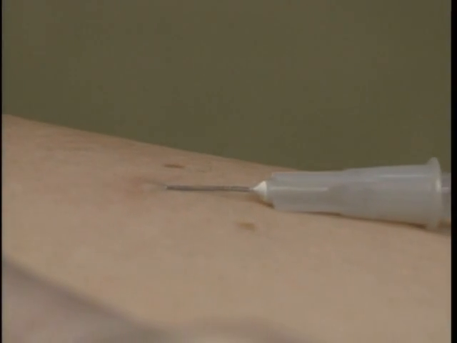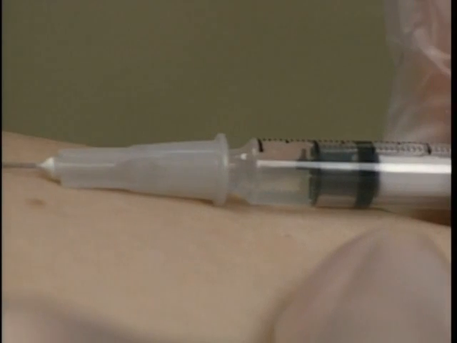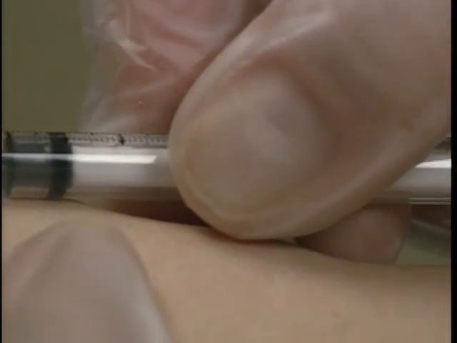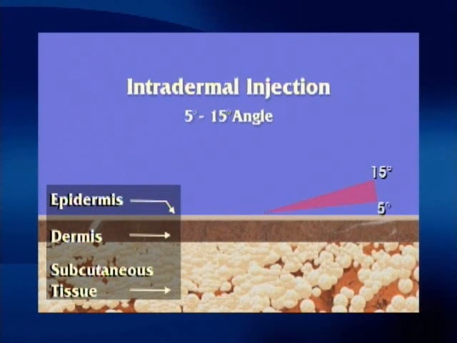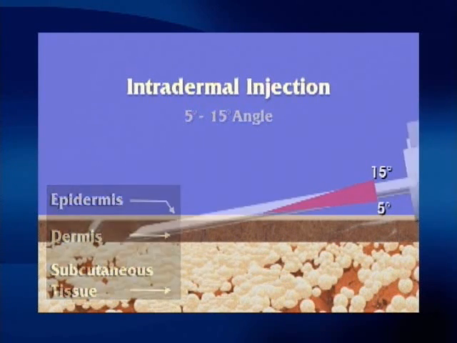With the needle bevel against the patient's skin, insert it slowly at a 5 to 15 degree angle. The 5 to 15 degree angle is very important because this layer of skin is very thin.